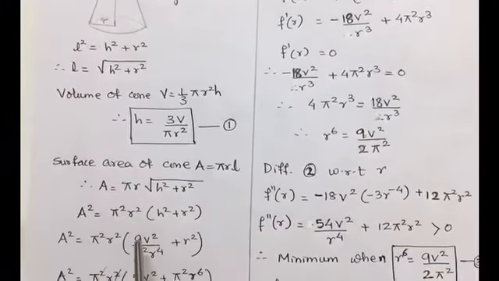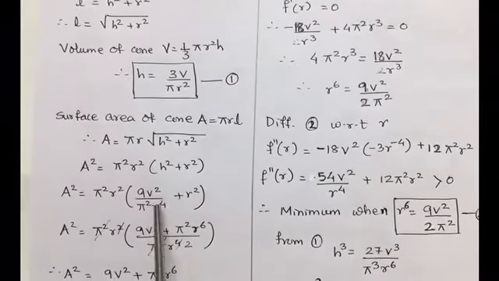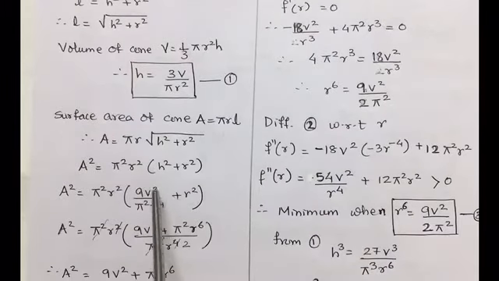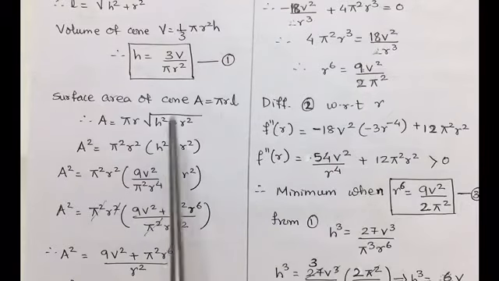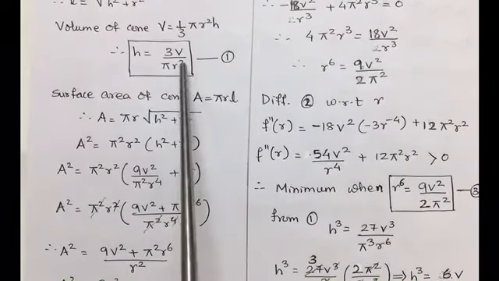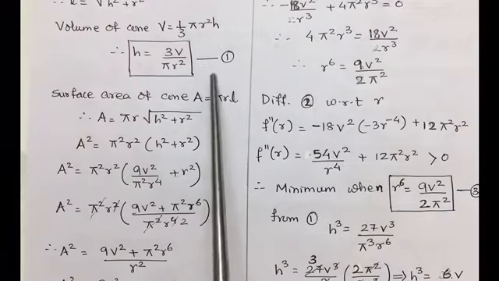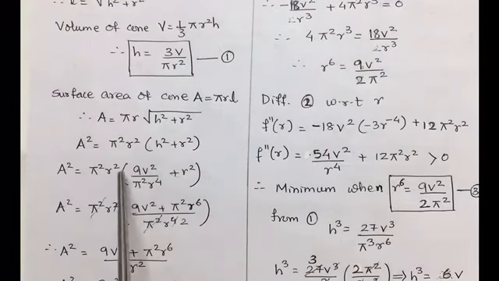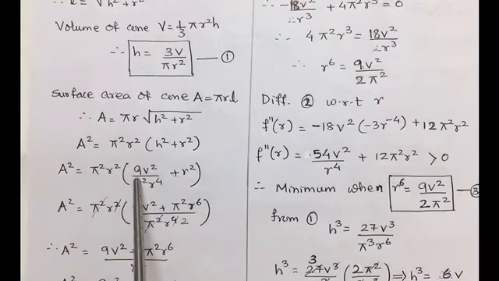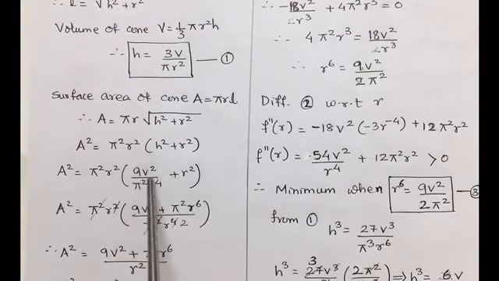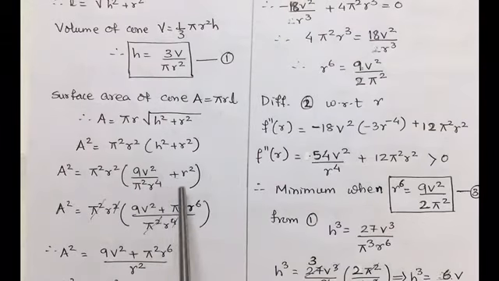So we get A square is equal to pi square r square into h square plus r square. Now in the place of h square, substituting 3V upon pi r square from 1, we get A square is equal to pi square r square into 9V square upon pi square r raised to 4 plus r square.